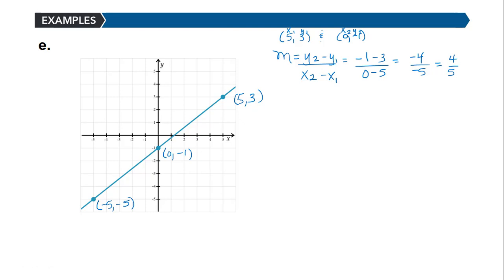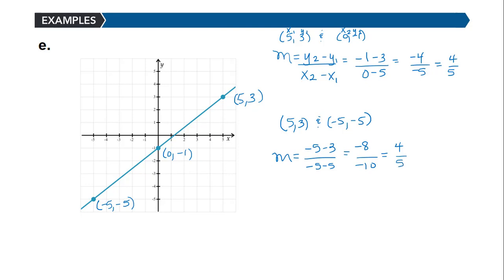Now I want to do a couple of other things. Let's say we wanted to use the points (5, 3) and (-5, -5). Would I get the same value? So my slope there, y2 minus y1, would be -5 minus 3 divided by -5 minus 5. So this is -8 divided by -10. And there's a common factor of -2, which gives 4/5.